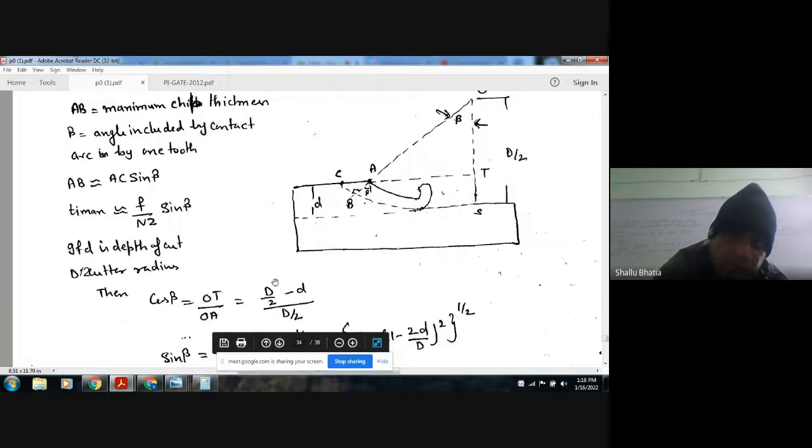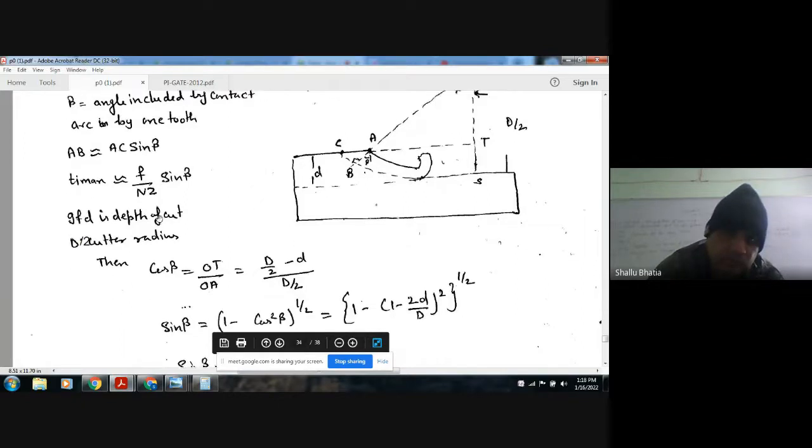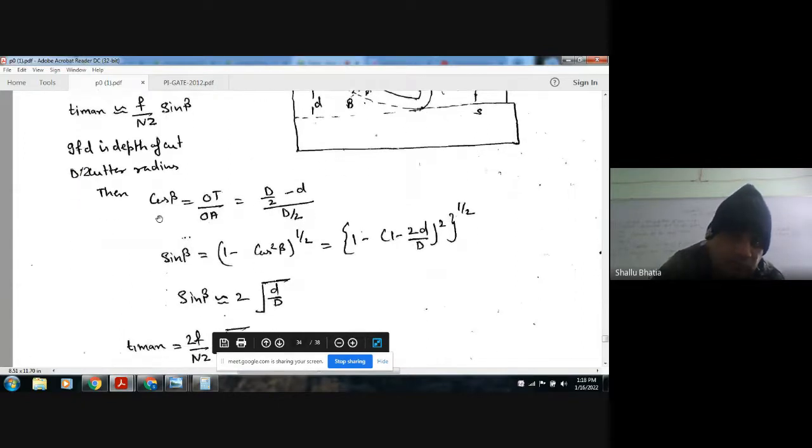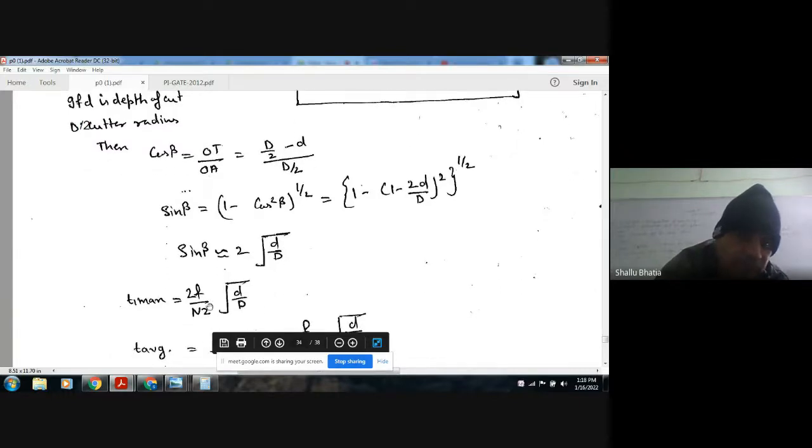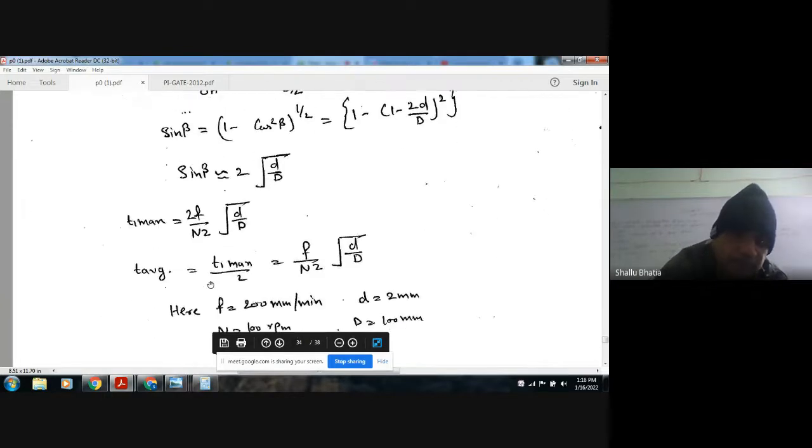From this we can find this beta angle, then find sin beta and put it here. Approximately it will be 2 root d by D. So T1 will be the maximum chip thickness, and the average will be T maximum by 2.